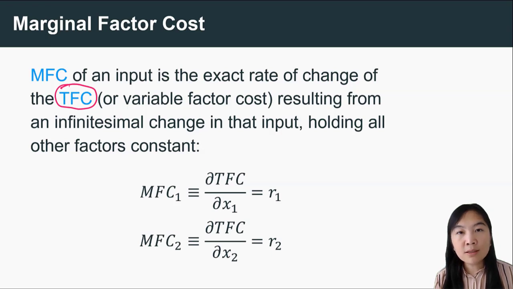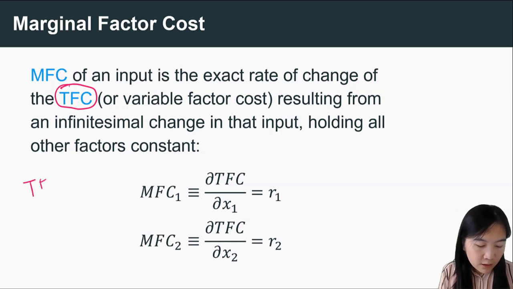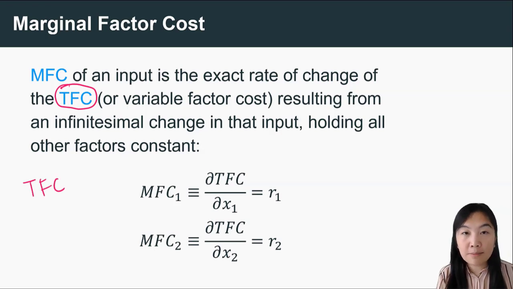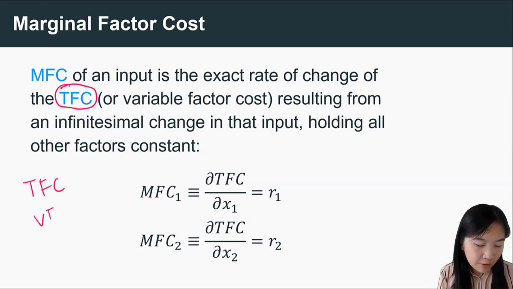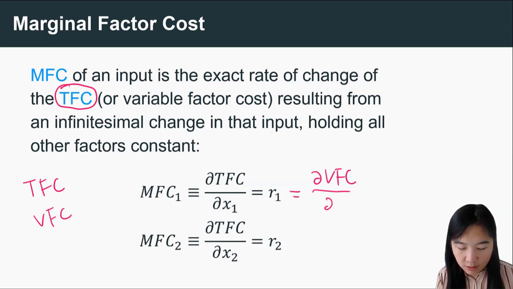So one thing to notice here is that the MFC of total factor cost and MFC of variable factor costs are the same. So I should also put here variable factor cost over X1. Why is that?